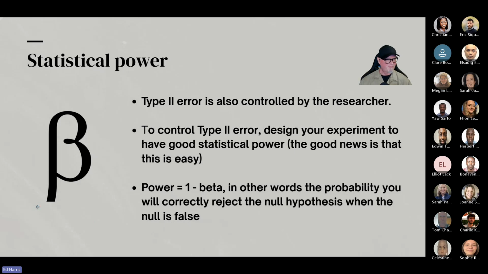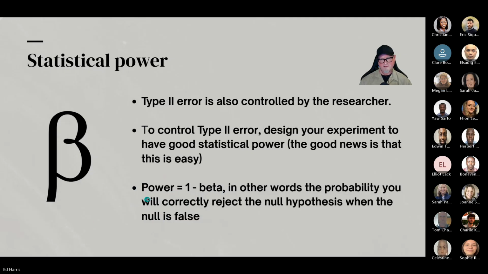I can see we have some experienced people in the chat, because if we think about this thing called power, it's the inverse of the probability of being wrong for a type 2 error. It's the probability of being right, and it's 1 minus beta.